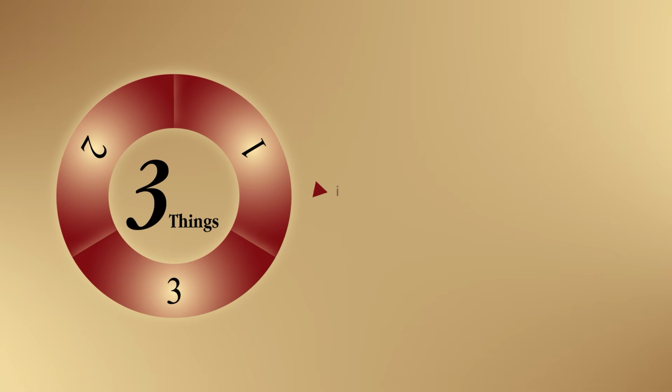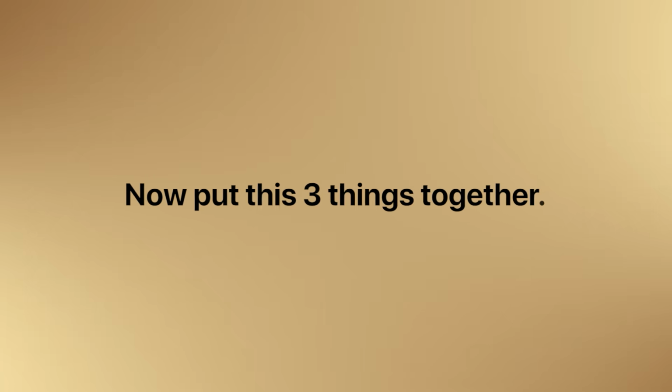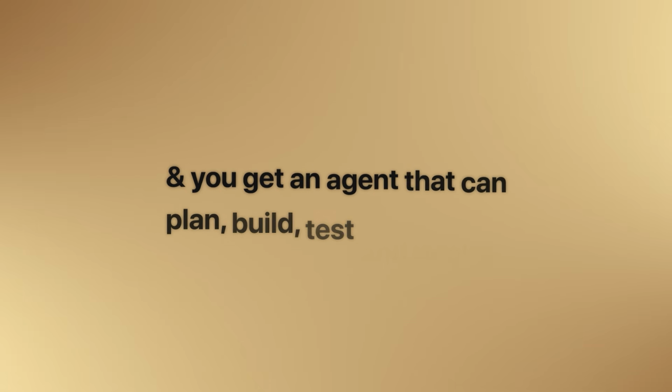And third, it has direct access to your tools, your terminal, your browser, your database, GitHub. Now, put these three things together and you get an agent that can plan, build, test, and deploy autonomously on your real project. So let's start off by installing.